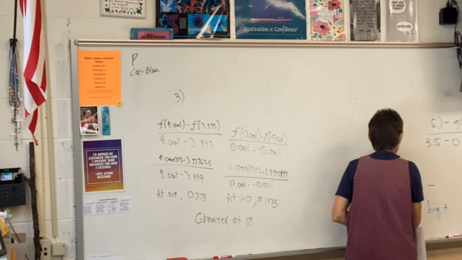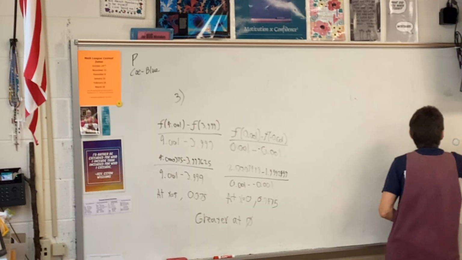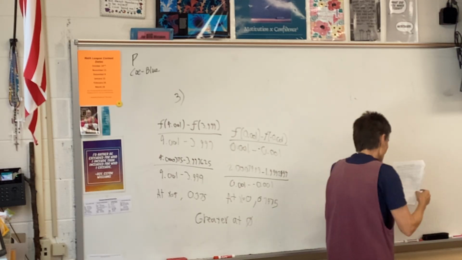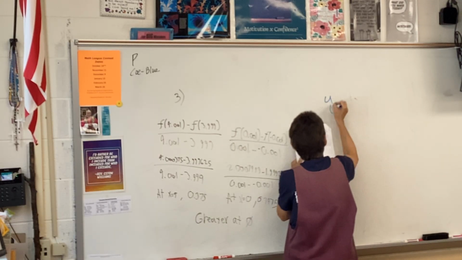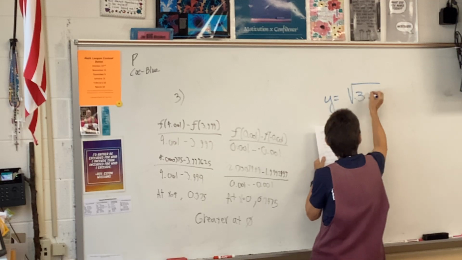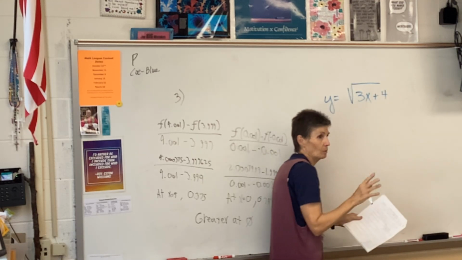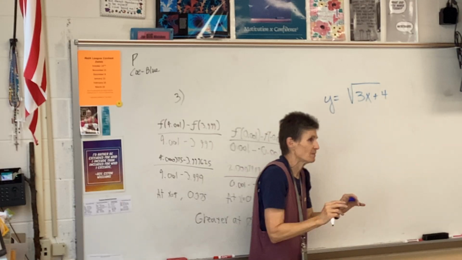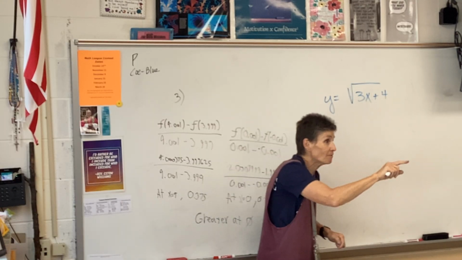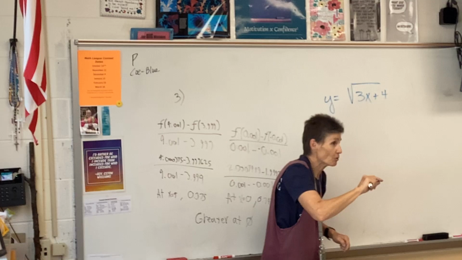Let's think about this for a second. Do you guys know what this equation looks like? Just in general, I don't need specifics. What's it look like, Sampo? I saw your hand moving.